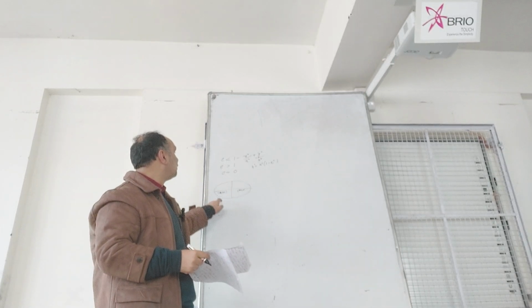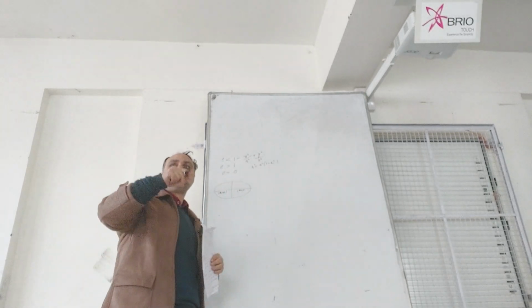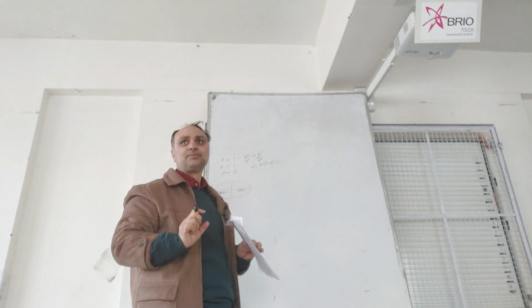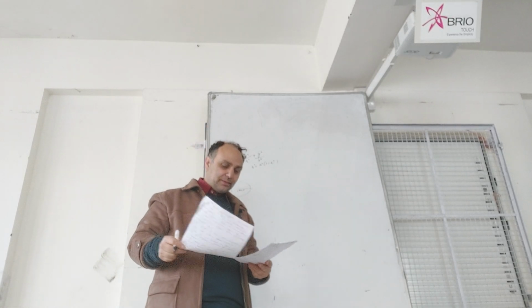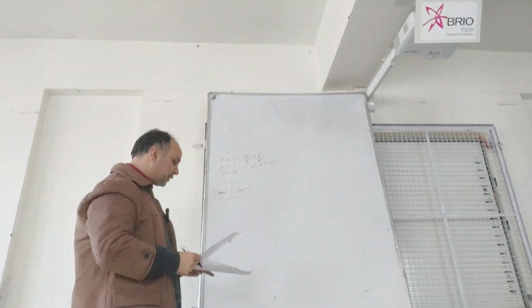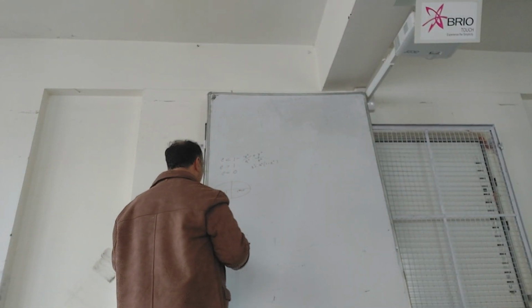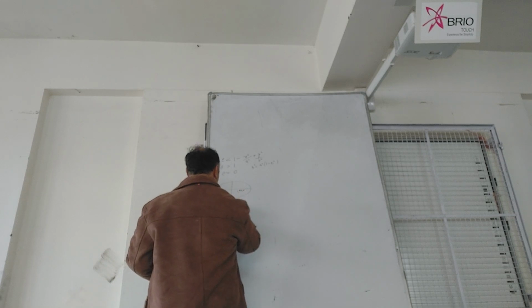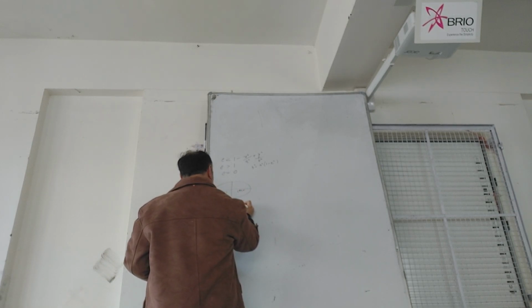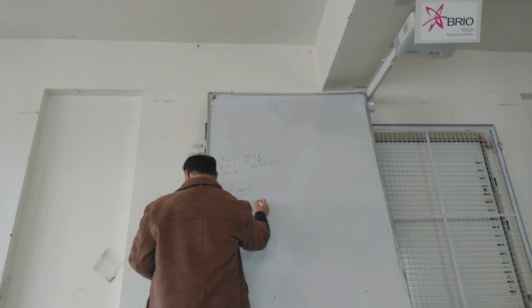And the line which passes between the two foci is called the latus rectum. For example, these are the coordinates of the ellipse, or the coordinates of the foci.